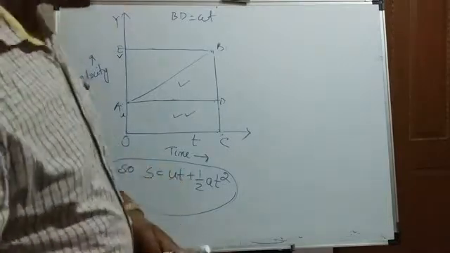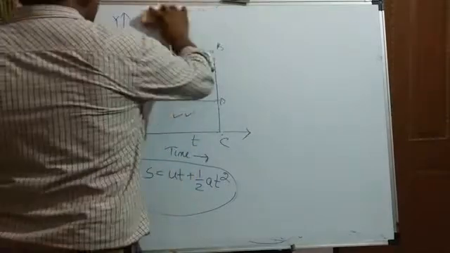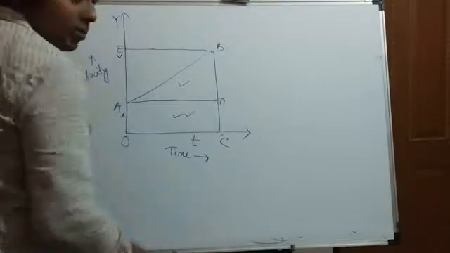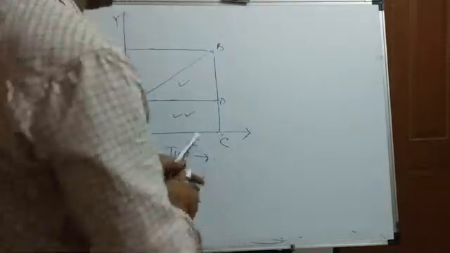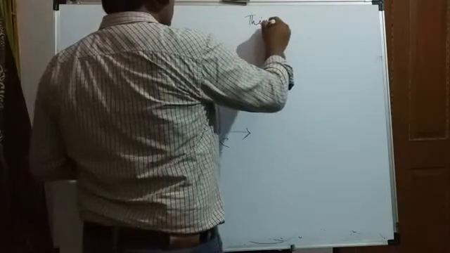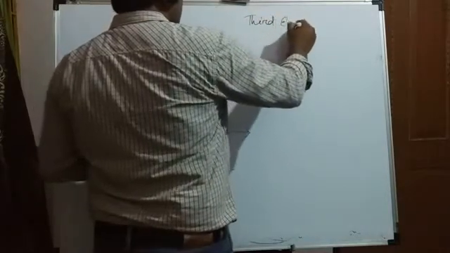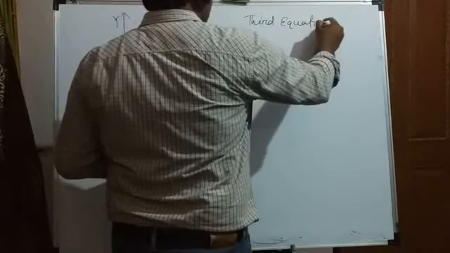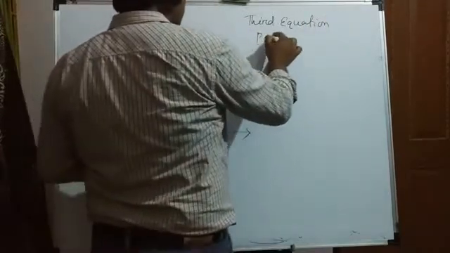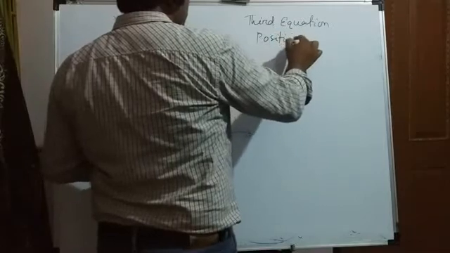Now we have to discuss the third equation of motion. Third equation of motion is the position velocity relationship.